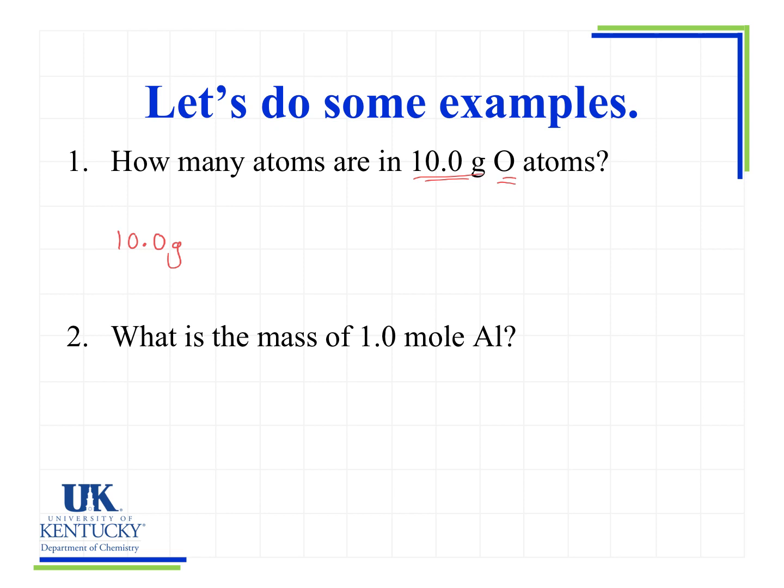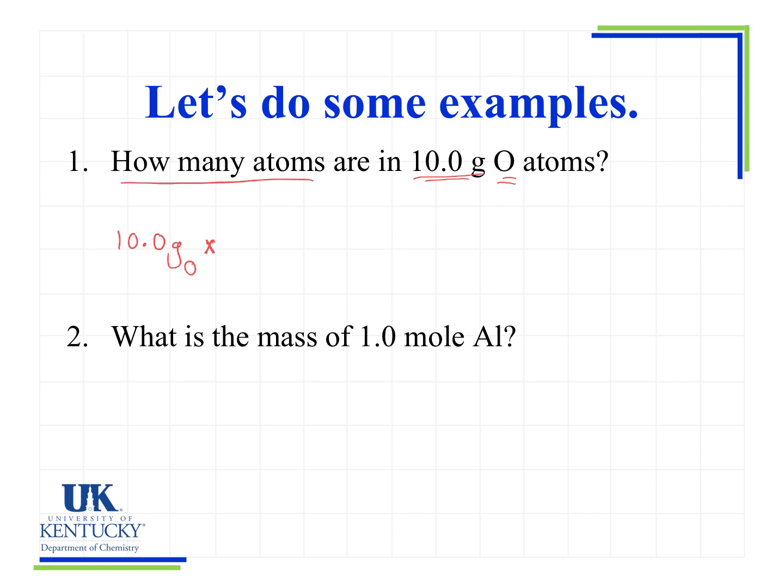So we have 10 grams of oxygen. I want to know how many atoms. Basically counting every single atom and see how many we have. From gram to how many, we cannot go there. When we say how many, it's counting. I know the unit that refers to counting is mole, right?